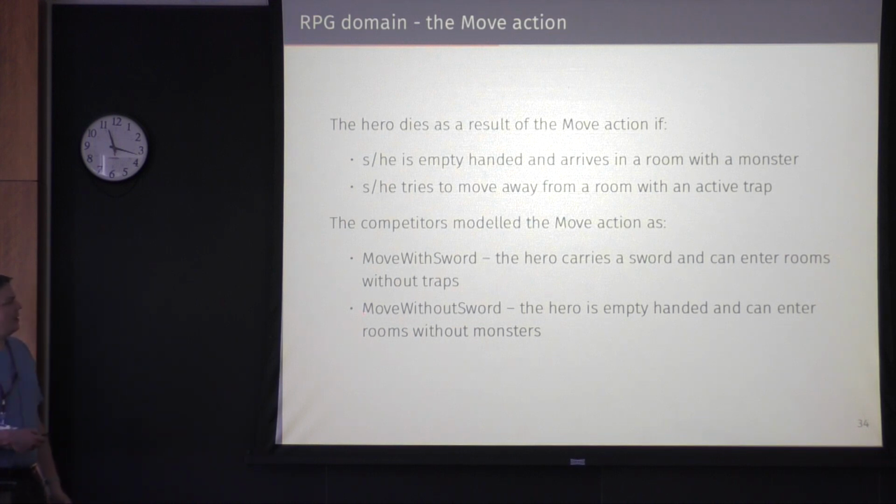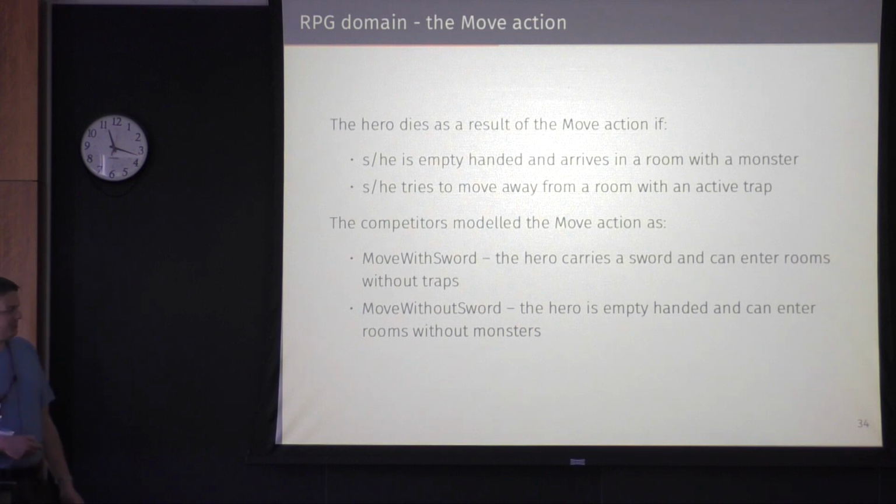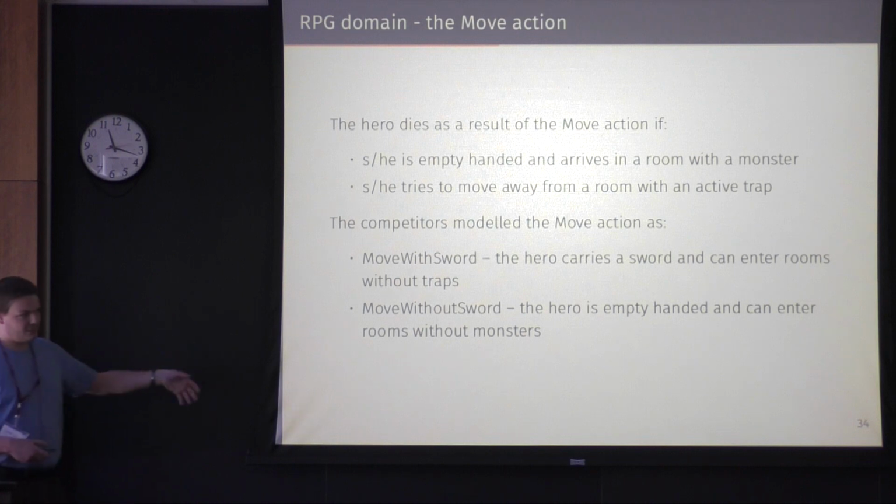If you are without a sword, which means the hero is empty-handed, then the hero can enter rooms without monsters. Which means that the hero can enter empty rooms or rooms with traps.